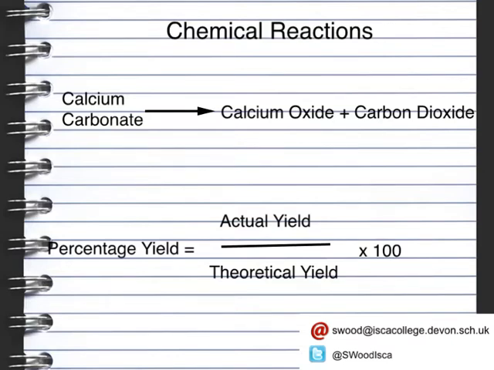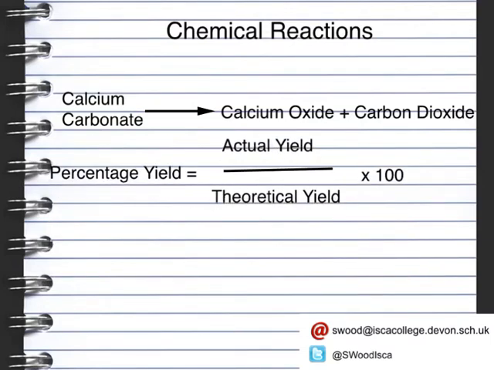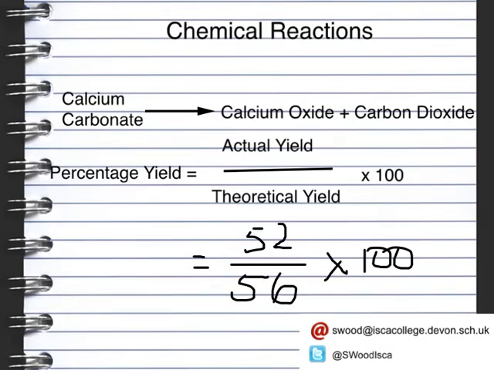So if we take the information we've got and put that into our equation, our percentage yield is equal to 52 divided by 56 times 100, and that gives us a value of 92%, and that is our percentage yield.